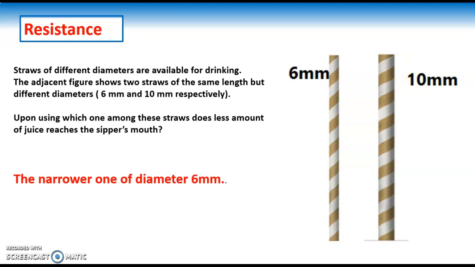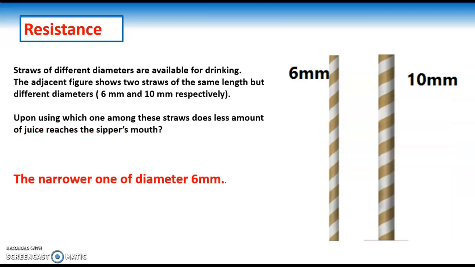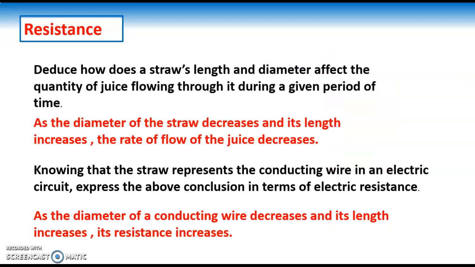So upon using which one among these straws does less amount of juice reach the sipper's mouth? It's the narrower one of diameter 6 mm. So we can see that if the straw was longer and narrower, the juice will take more time and less amount is going to reach the sipper's mouth.